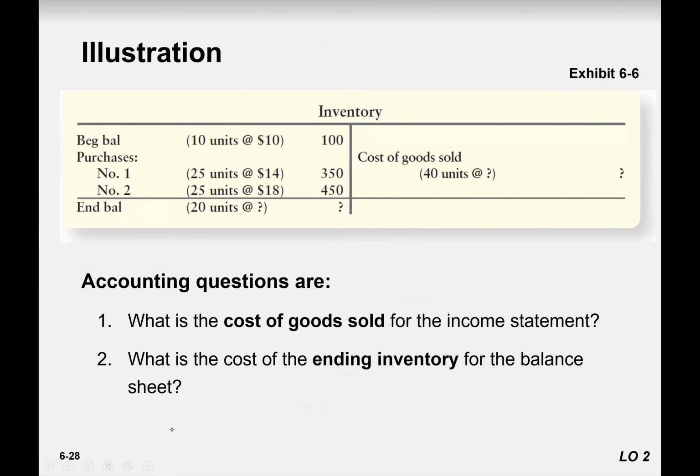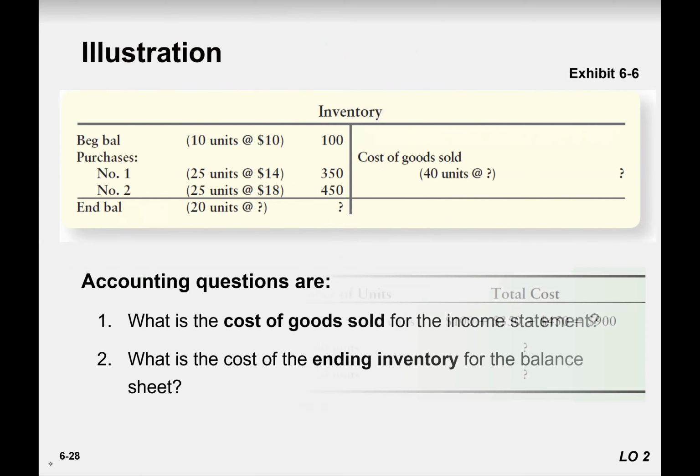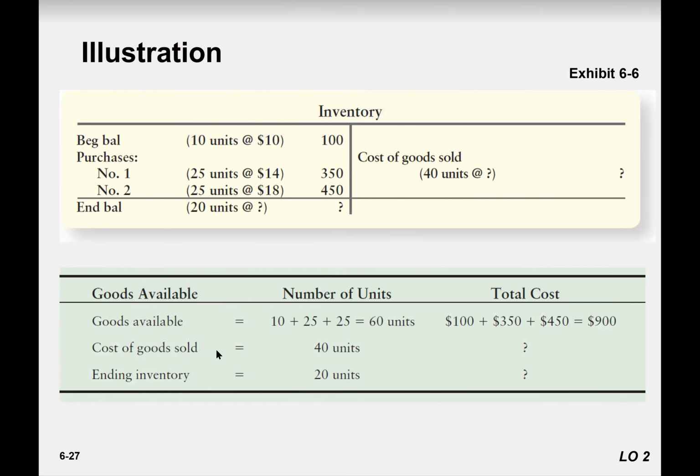So 900 divided by the total 60 units. If you divide 900 by 60, how much? Can you calculate? 15, right? So it means $15 per unit.